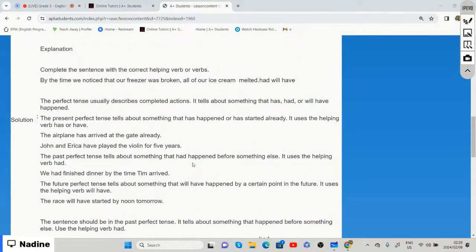And it helps to tell about something that has, had, or will have happened. And with the present perfect tense, we're just going to be using the helping verb has or have.